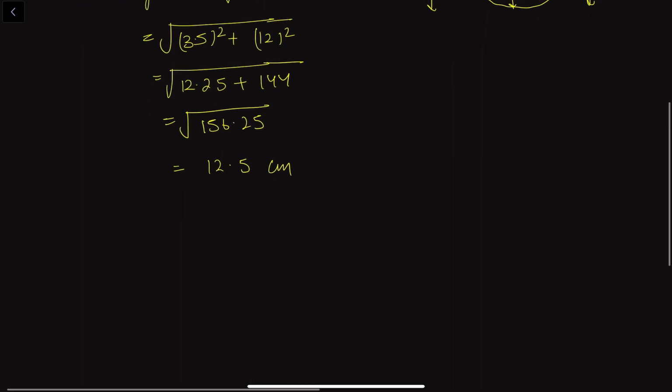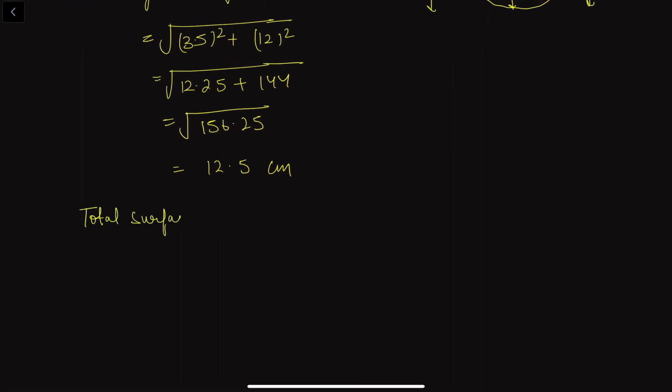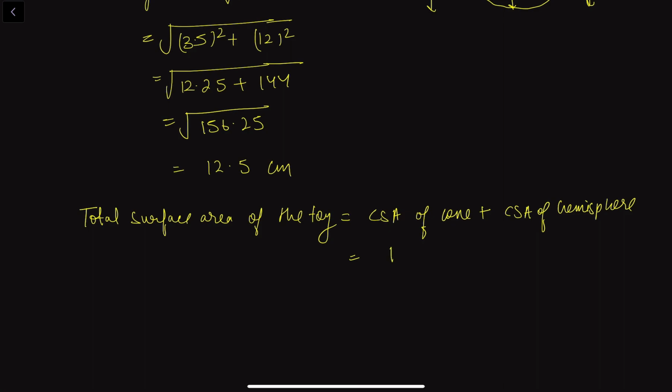Okay, now the total surface area of the toy is the curved surface area of the cone plus the curved surface area of the hemisphere. The curved surface area of the cone is pi r L and the curved surface area of the hemisphere is 2 pi r square.